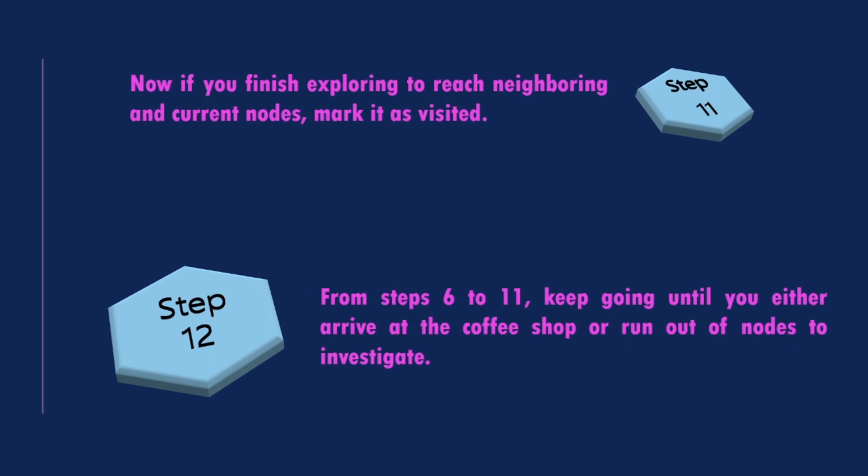Now step 11. If you finish exploring the neighboring nodes of the current node, mark it as visited. That's simple. From step 6 to 11, keep going until you either arrive at the coffee shop or run out of nodes to investigate.